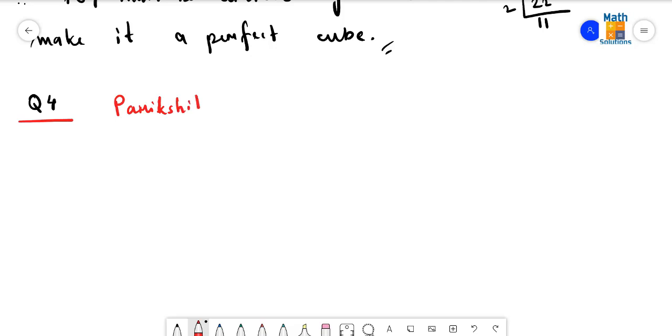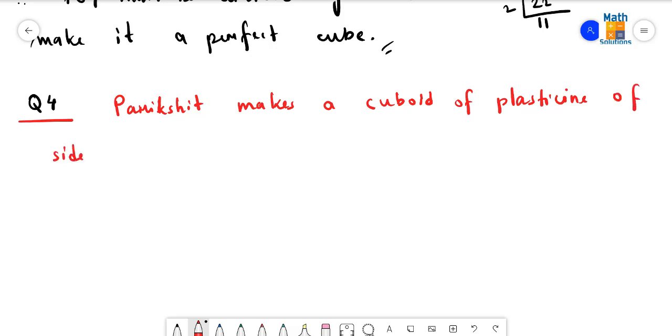Parikshit makes a cuboid of plasticine of side 5 cm, 2 cm, 5 cm.